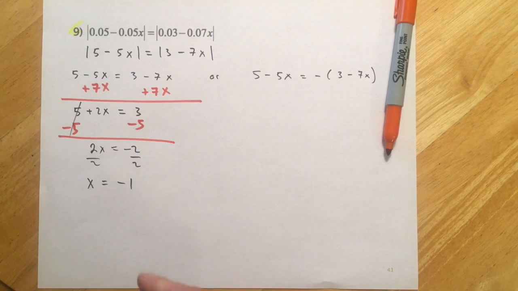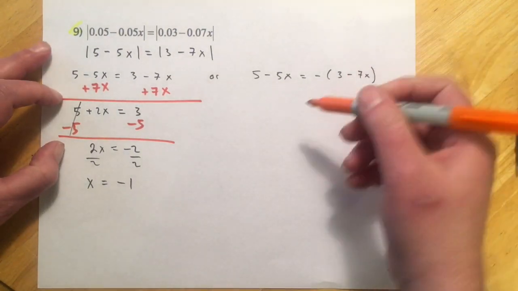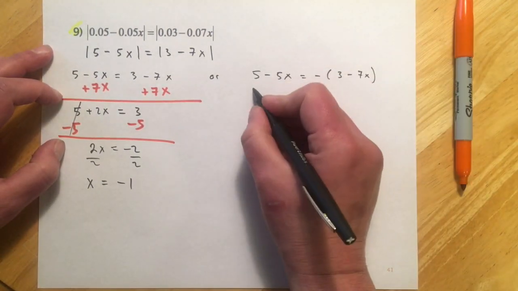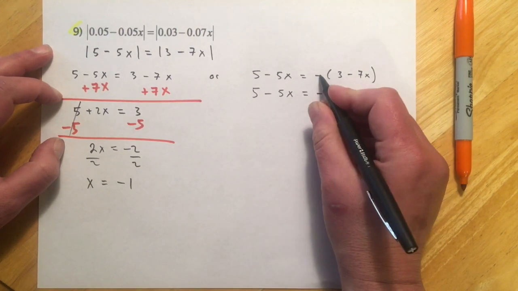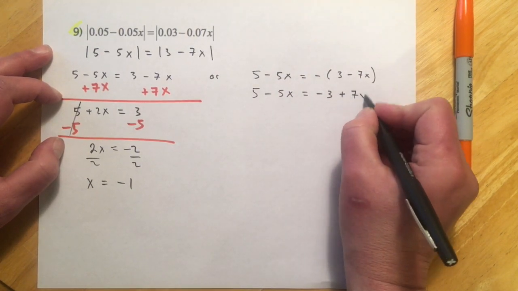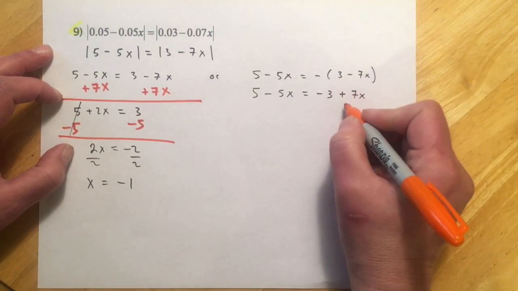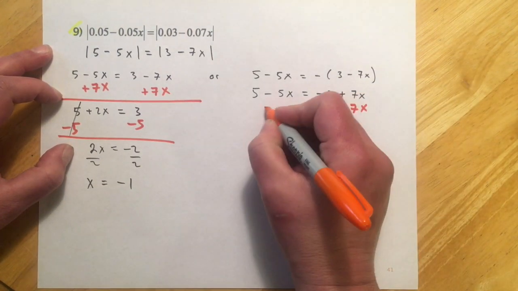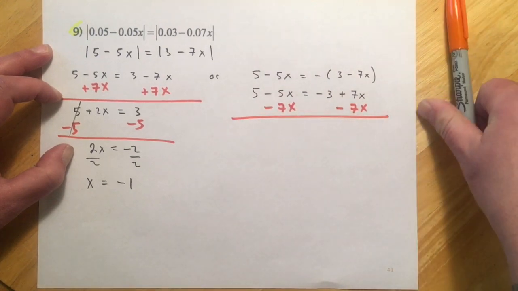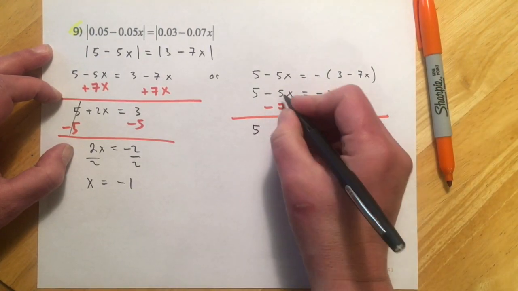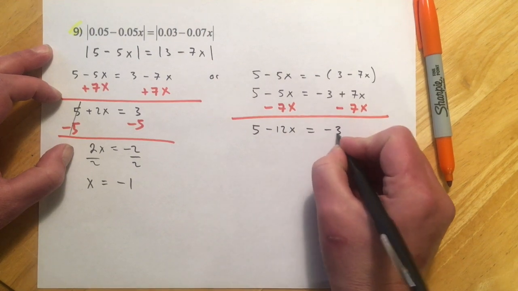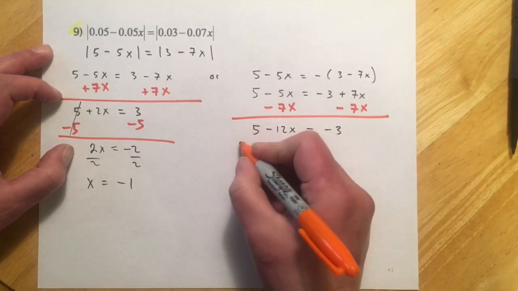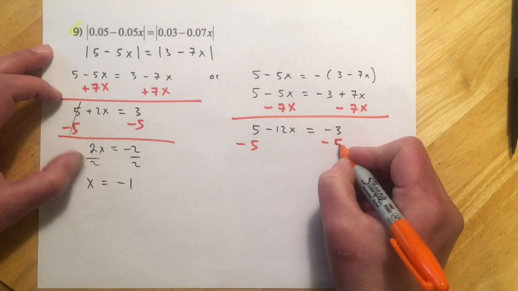Do the same thing on the other side. Actually, let me distribute first. So 5 minus 5x equals negative 3. Minus a minus makes that a plus 7x. And so now I will subtract that 7x over. And I have 5, down 7, so minus 12x equals negative 3. I'm going to subtract the 5.